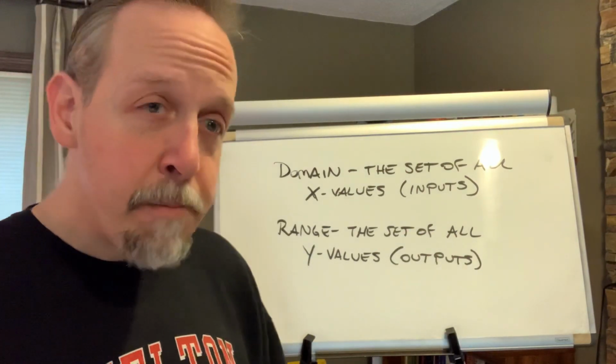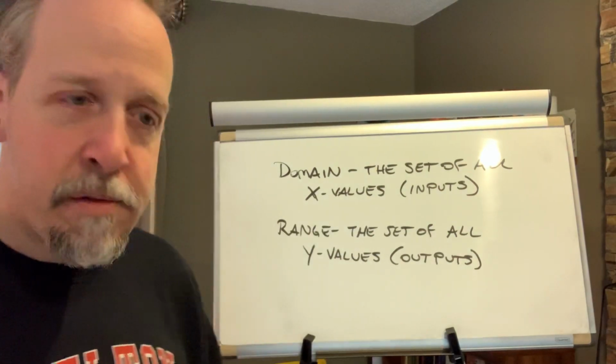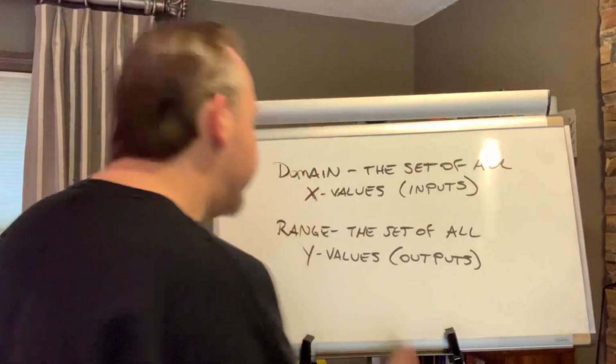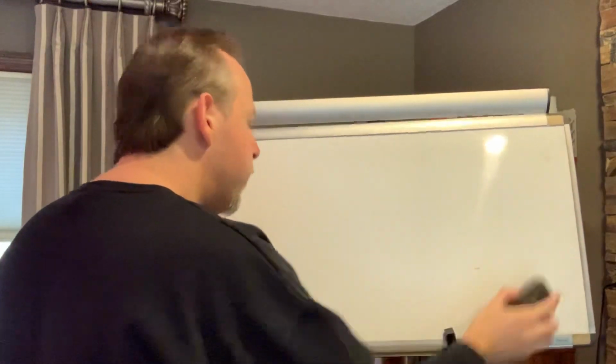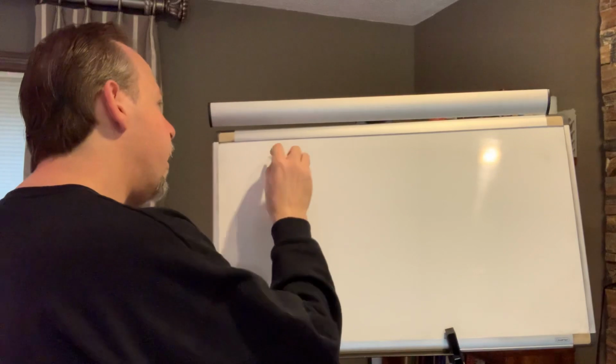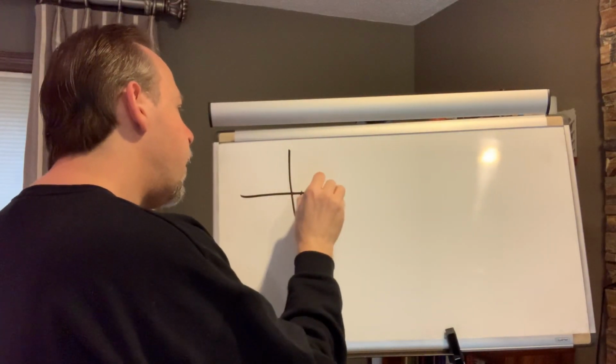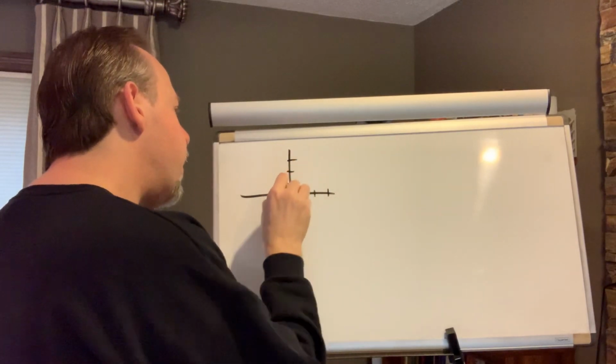So if you had to list them, you would just list the values with a comma in between each value. For instance, I'm going to give you, let's say, a graph. I'll try to make it simple enough.